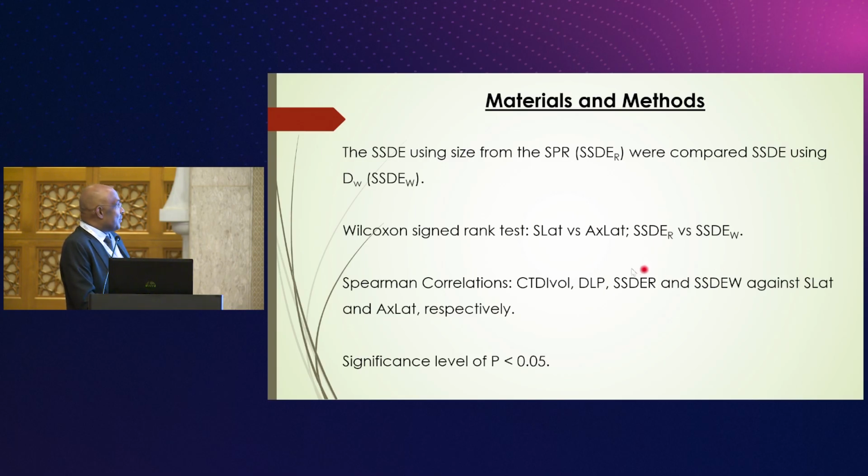We also looked at some correlations as to how the dosimetry quantities like CTDI volume, DLP, and the size-specific dose estimates correlated against lateral width measured from the patient scout and the axial image. And the significance level was set at 0.05.